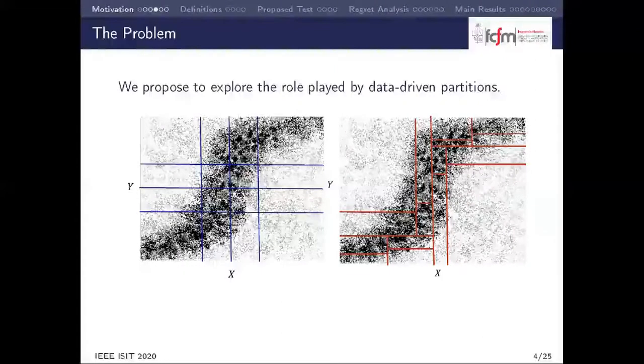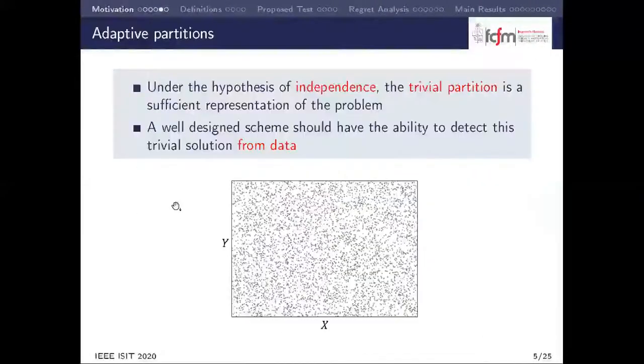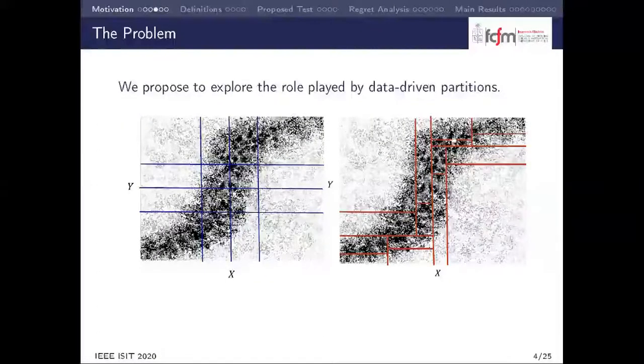It is not trivial. Another important fact about adaptive partitions is that under the hypothesis of independence, the trivial partition, which is the partition with just one block, is a sufficient representation of the problem. Because, as we can see here, if we have independence between X and Y, then there is no tendency that we can see, as we could see right here.